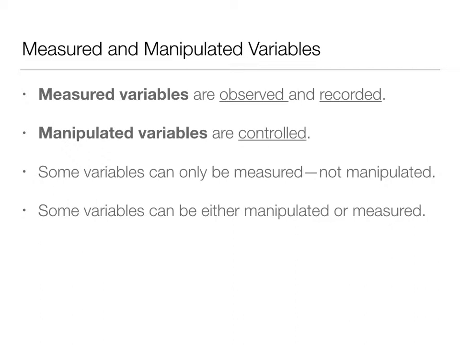So thirst is something that we could either measure, just report how thirsty you are, or do some sort of a more physiological measure of that, or it's something that we can manipulate by either making you thirstier by drying you out, giving you salt, giving you some sort of medication that creates dry mouth, or by making you less thirsty, by giving you something to drink, by making sure you're properly hydrated. So again, that could be measured or manipulated.